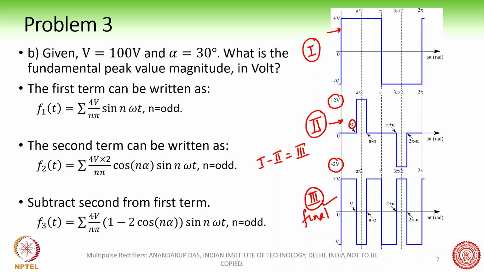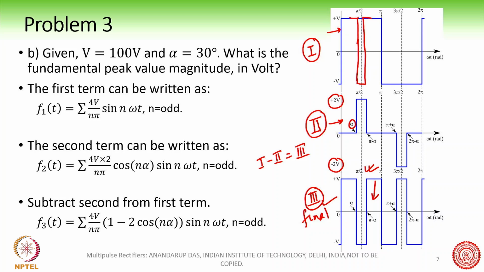Which means that from this waveform I am actually subtracting plus 2v like this. If I subtract 1 minus 2, I am subtracting this portion from the waveform, correct? And once I do that, I get this final waveform. So this is something which I observe in the waveform.